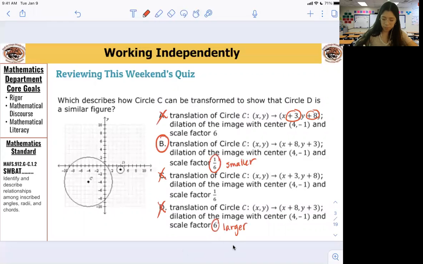Scale factor, remind me one more time. Scale factor is what over what? Good, Jalen, good. Image over pre-image. And when you're putting the numbers in for image over pre-image on a circle, what number am I putting into that little fraction? What am I calculating for each of these circles?